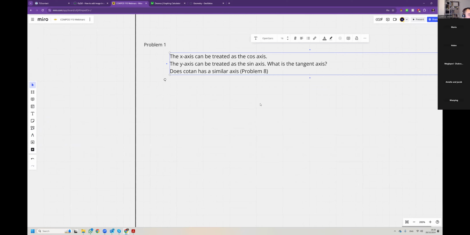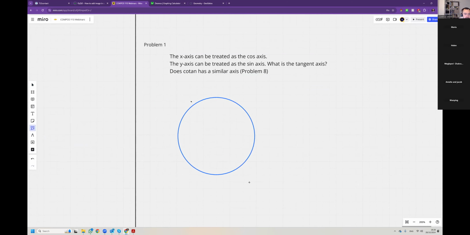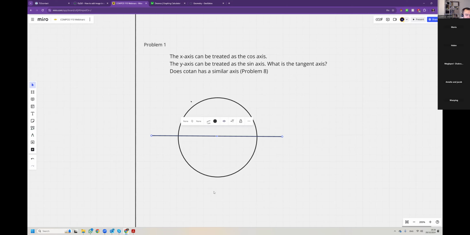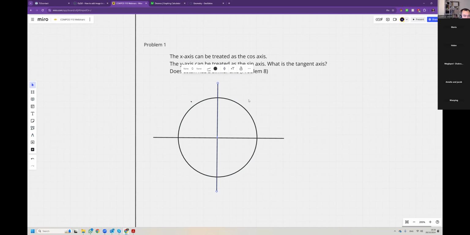So if we draw a circle, okay, so we have a circle and the axes.